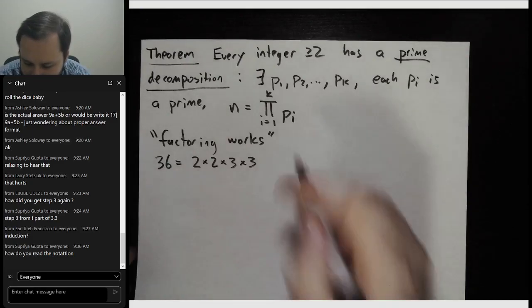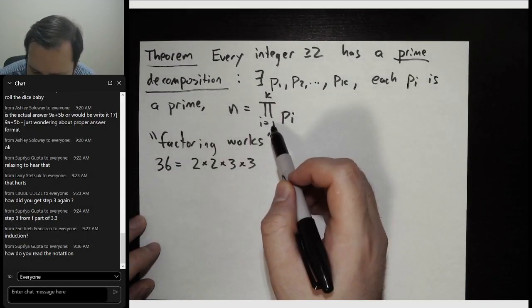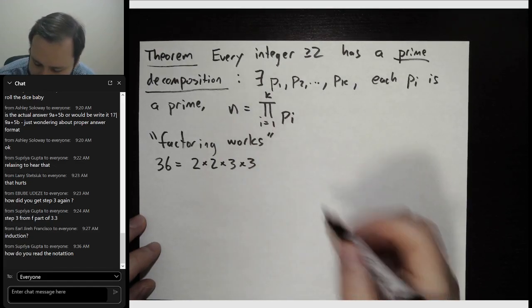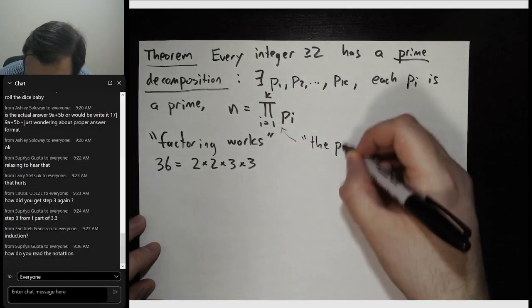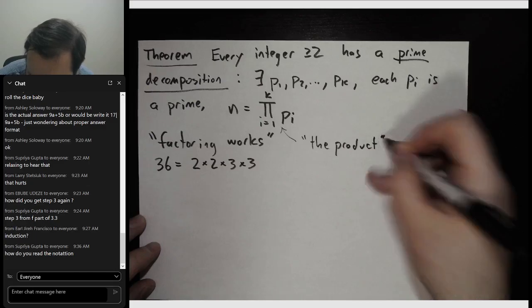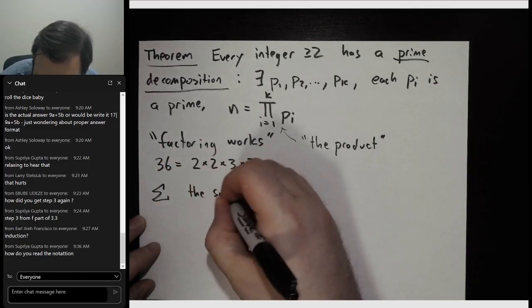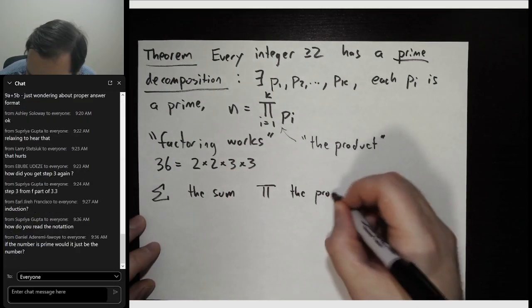How do you read the notation? This is n equals the product from i equals 1 to k of p sub i. So sigma notation is the sum, pi notation is the product.